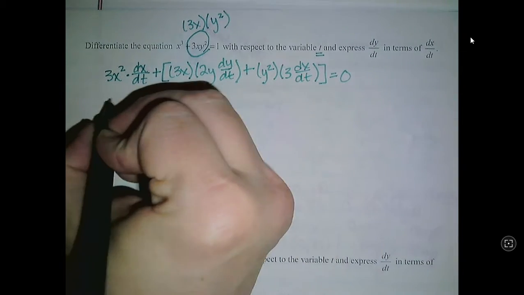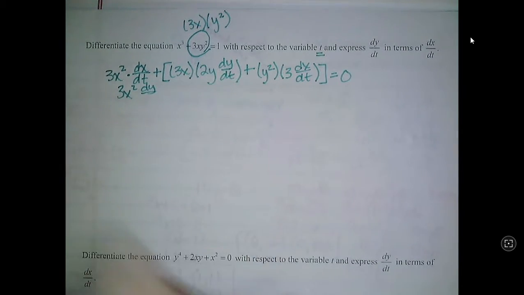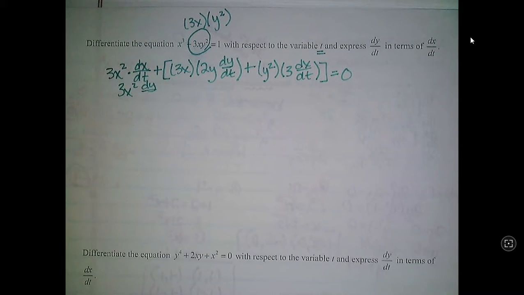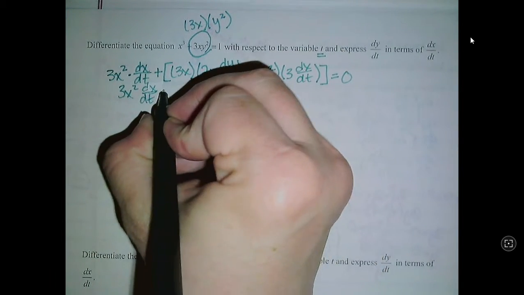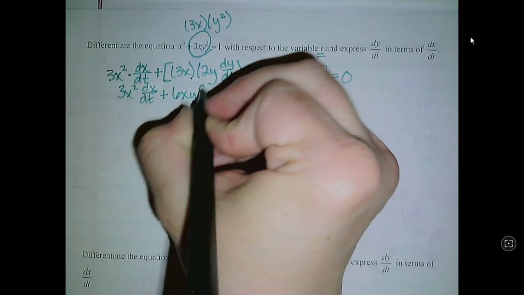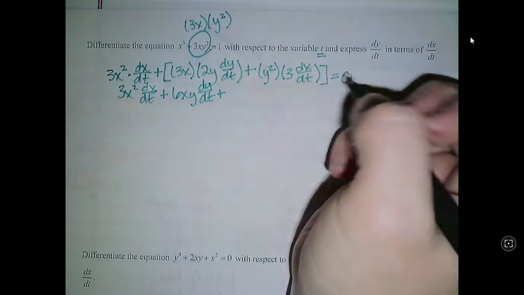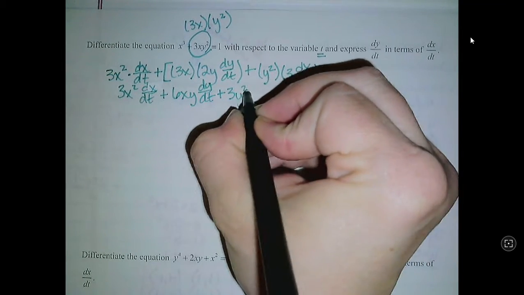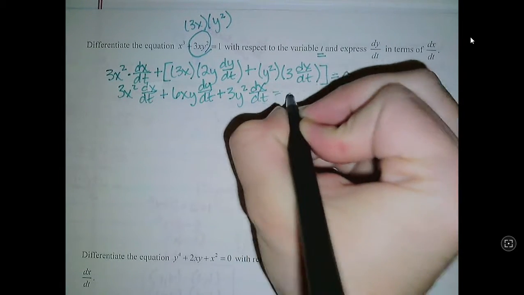So I have 3x squared dx dt, plus 3 times 2 is going to give me 6 times x times y times dy dt, plus 3 times y squared times dx dt equals 0.